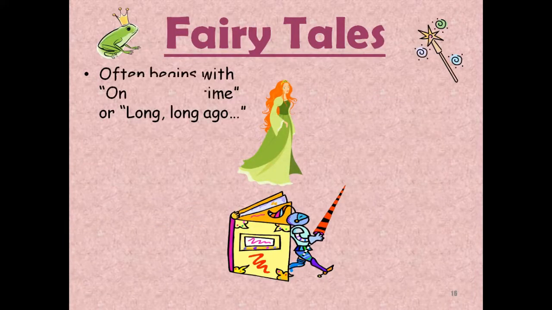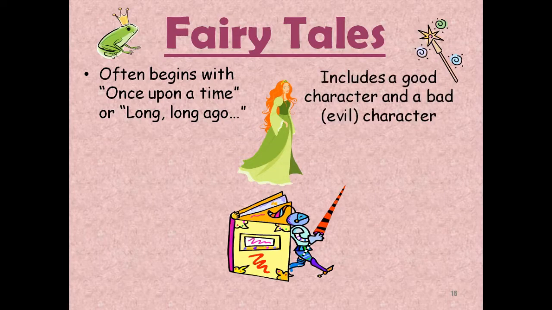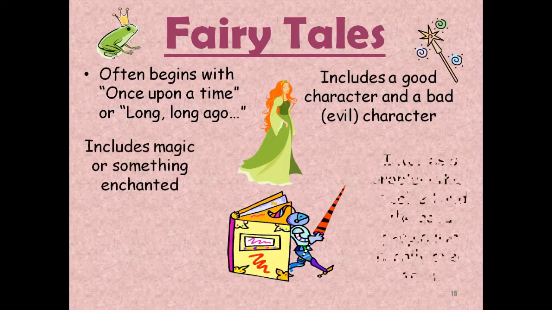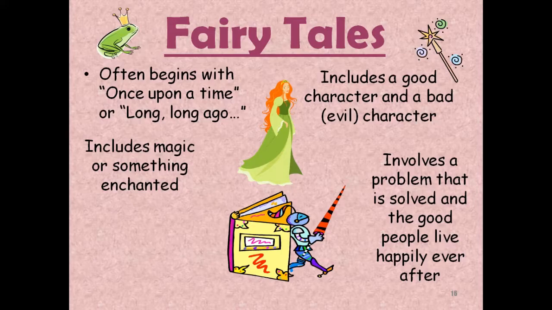So, fairy tale. Now the story in fairy tales often begins with once upon a time, long ago, and it includes a good character and a bad character. It includes magic or something enchanted.